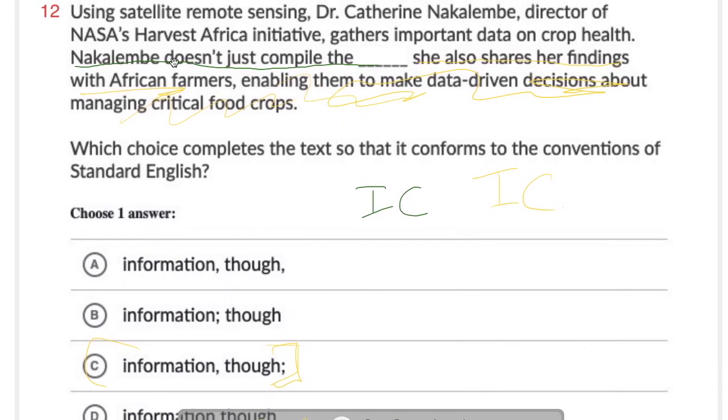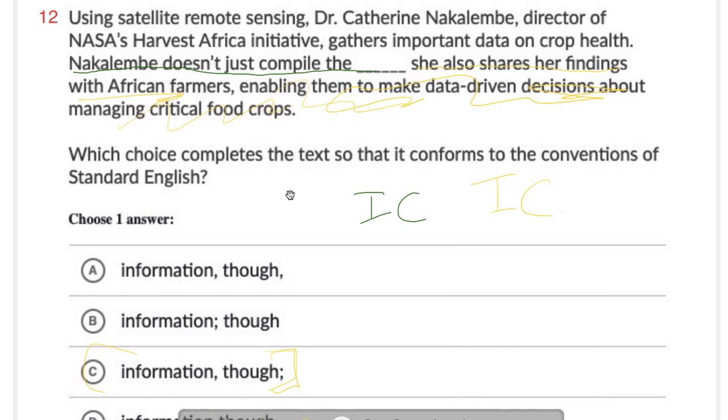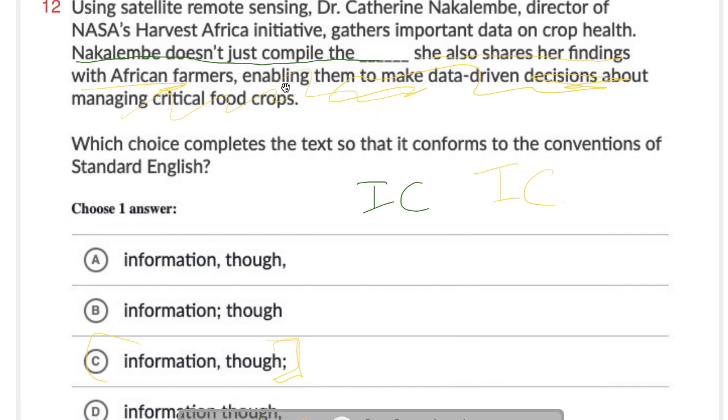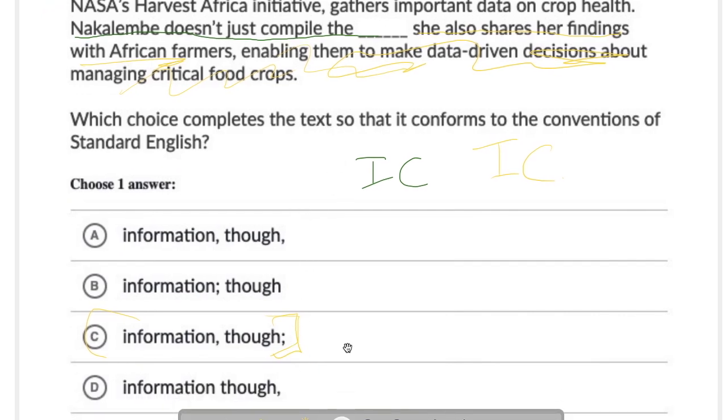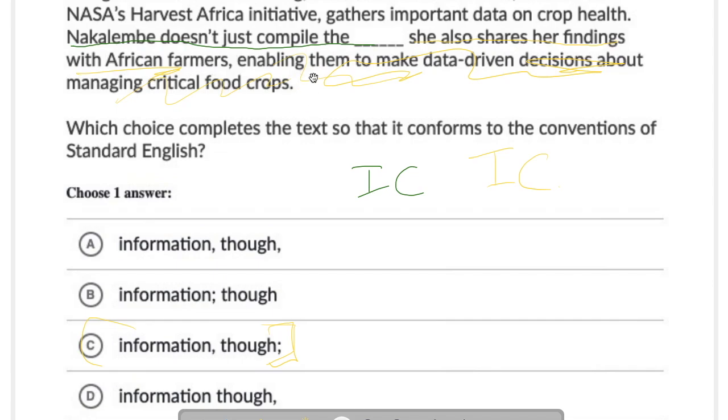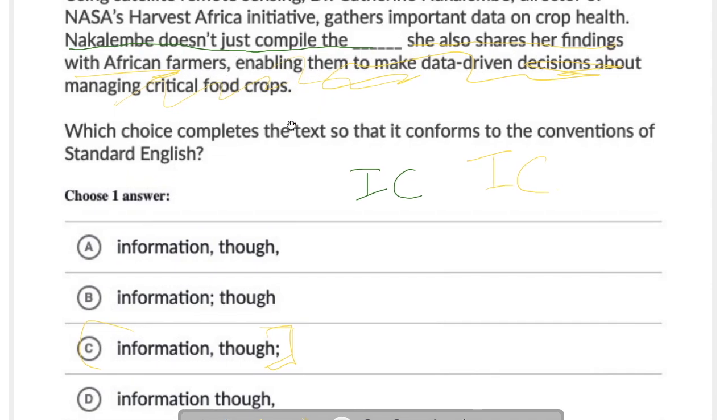You can't start a sentence with though in the same way that you can with however. But if they had used however, they could have said this: however, Nakalimbe doesn't just compile the data, semicolon. She also shares her findings, etc. We don't have however, we have though, but the idea is the same. She doesn't just compile the data, though.